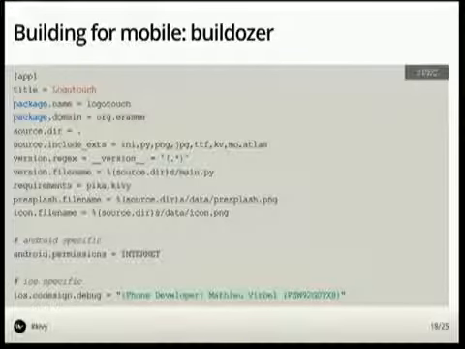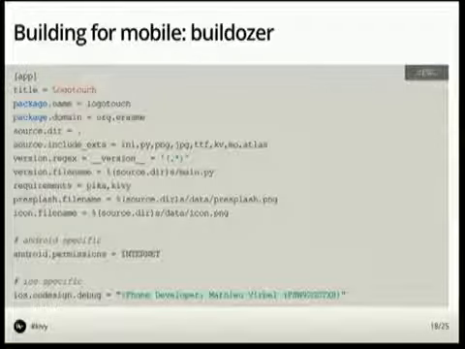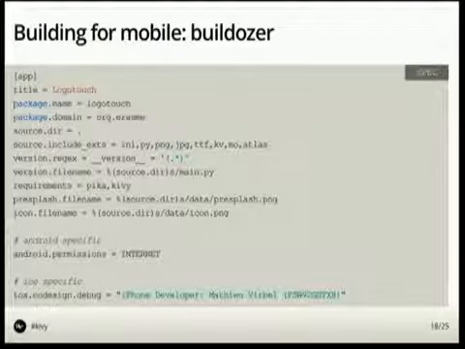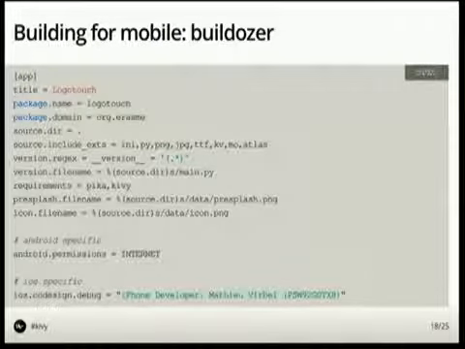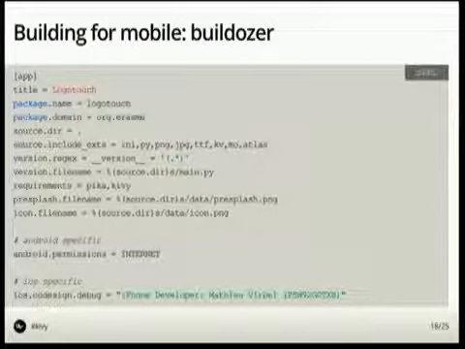So this is why we made Buildozer. And we also have some tags for specific platforms. Tags like android.permission, which doesn't exist on iOS. And on iOS, if you want to sign, you need the name of your key in the keychain. So you can specify everything in here.